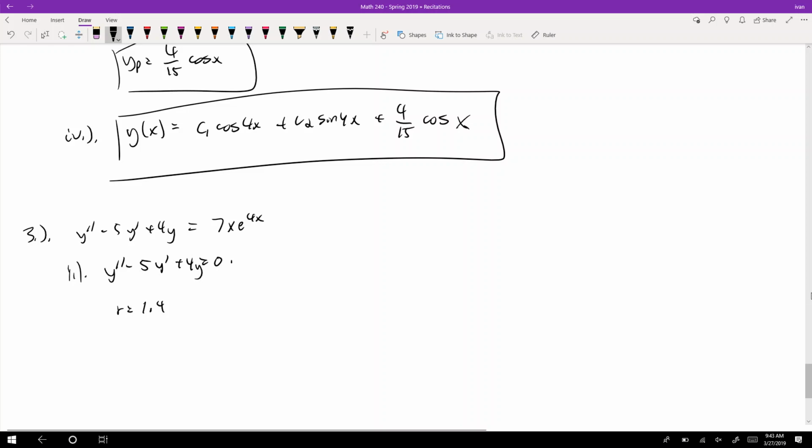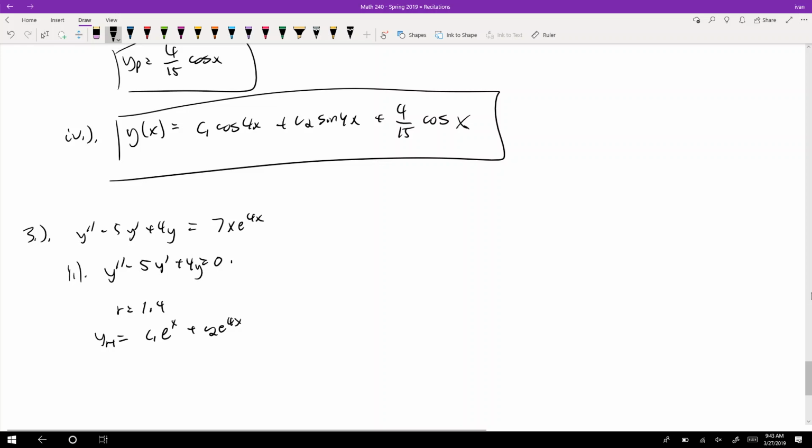Okay, so now YH is just C1 e to the x plus C2 e to the 4x. Right, we're comfortable just finding the roots and then plugging it in.